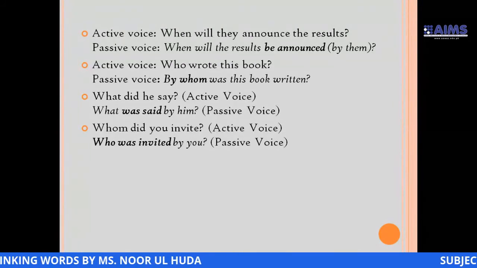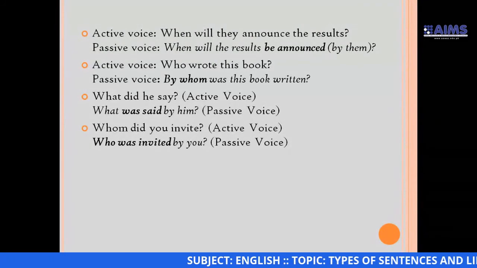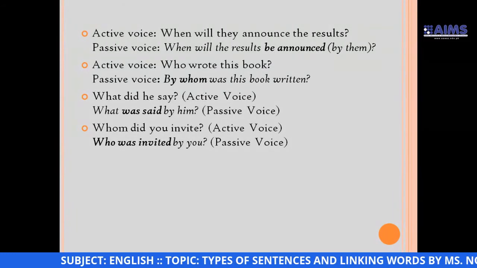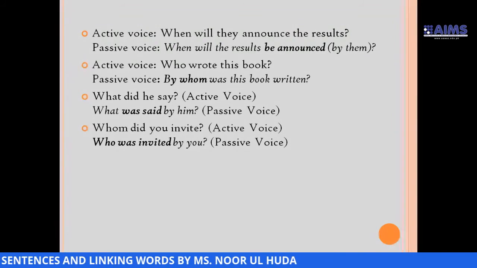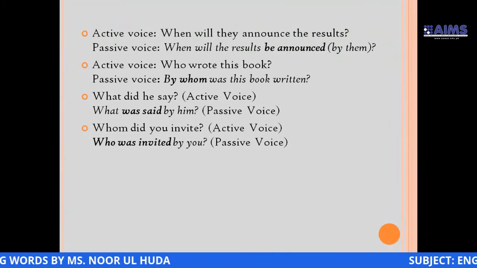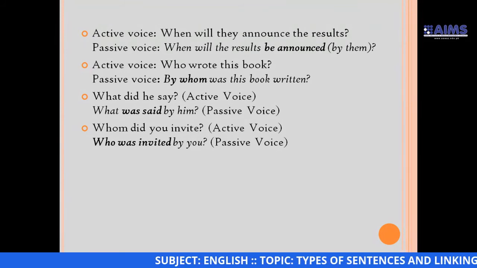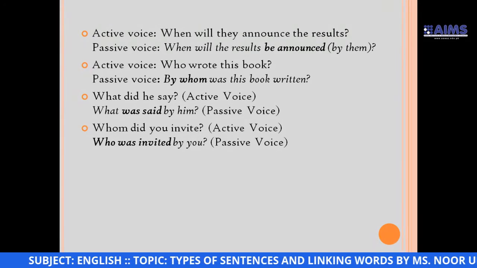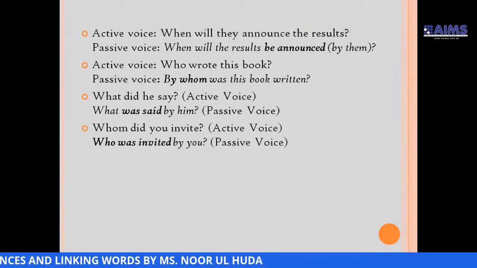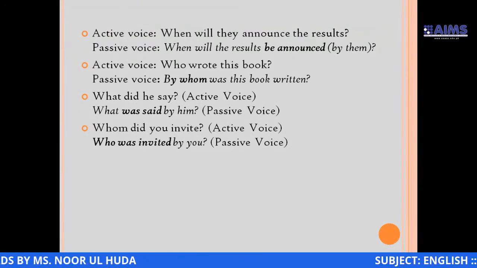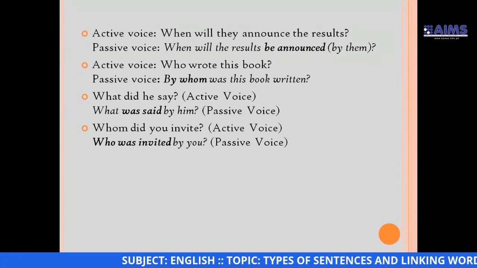We have to form the sentence in a way that after the WH word we always use the helping word, and then the object and then the main word. Now, when did he say what was said by him? What was said could be like this, but since we are specifying a person by saying he, we should use him in the passive voice here.